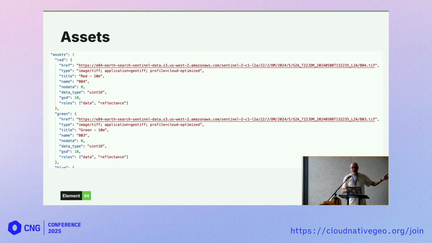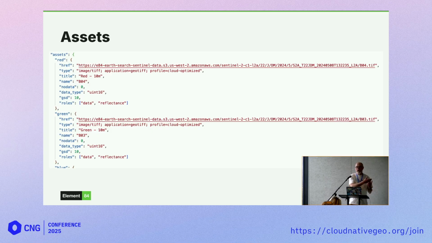Roles is fairly important. If you look at the STAC documentation, you'll see that there are roles for assets, because assets don't necessarily need to be just data. You could have an original metadata asset, and it will have a role of metadata. I don't have an example here of that. In this case, we have just two data assets, but assets really could be anything that's a file.